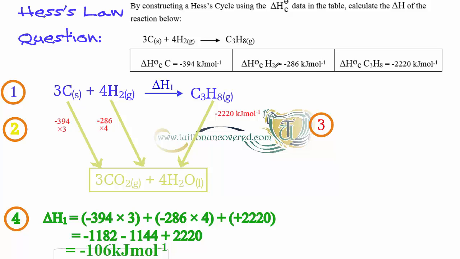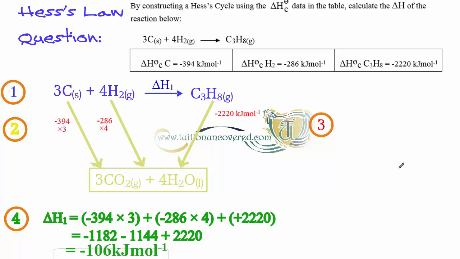Combustion of 1 mole of hydrogen. And of course, combustion of 1 mole of propane is minus 2,220 kilojoules per mole, is this arrow. You don't have to write down the units, I'm simply illustrating. It's the same units as we have here, kilojoules per mole. So each arrow facing the right direction now has a value next to each one.